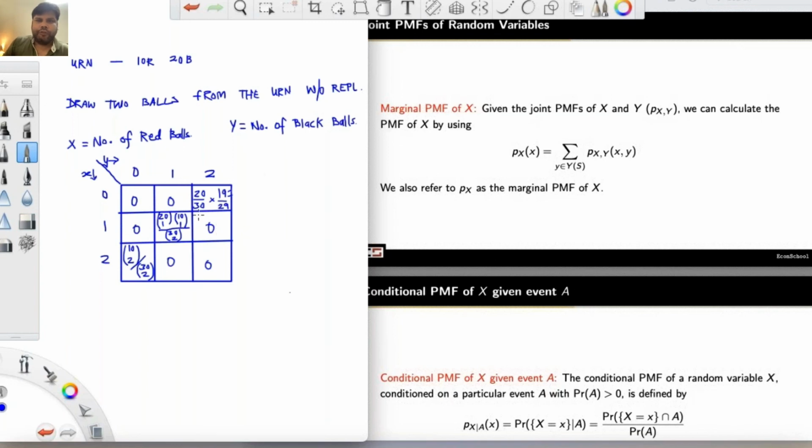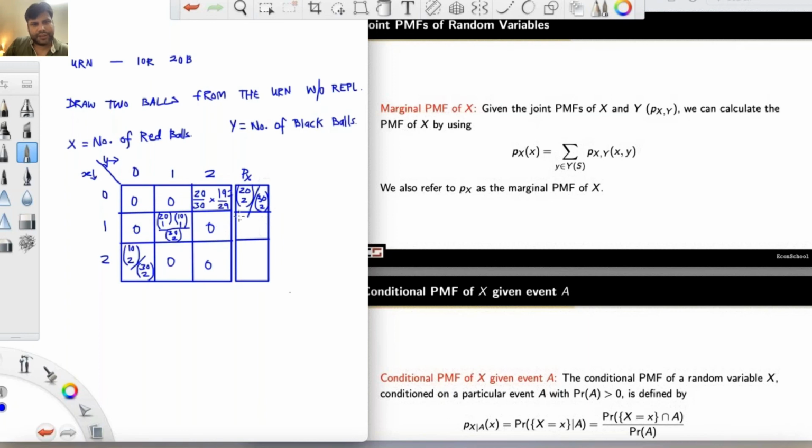Now if you want to figure out the marginal of X, that's actually kind of obvious. You just have to fill these up. What is the probability that X takes value 0? It is just this number, which is 20 choose 2 divided by 30 choose 2. What about this one?